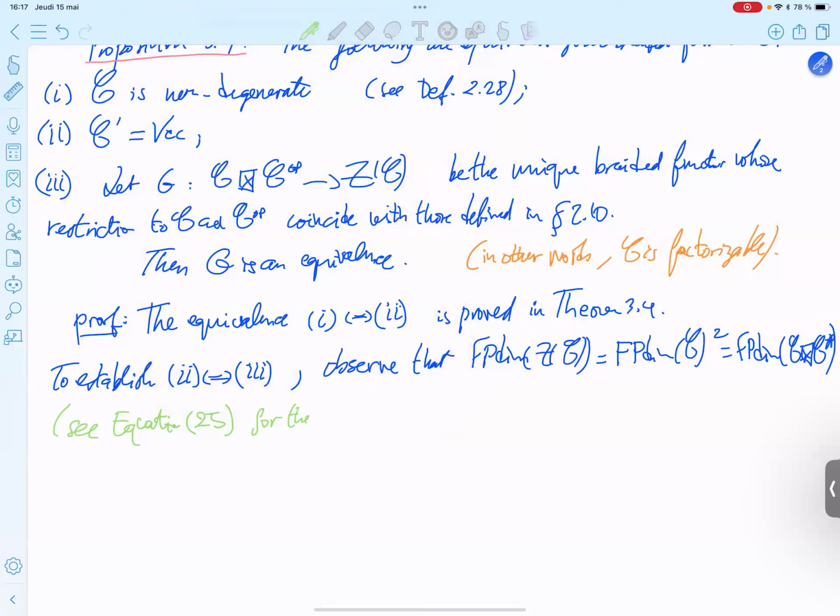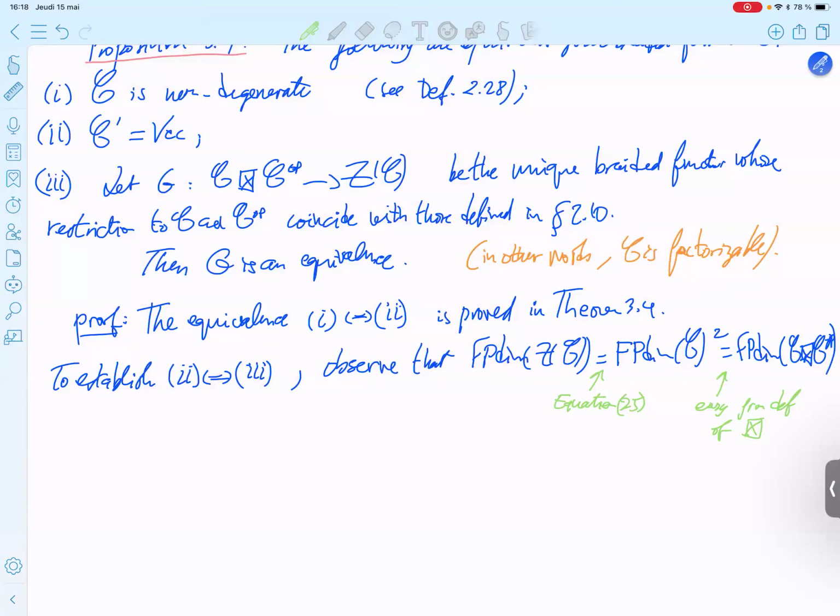Equation 25, and here easy from the definition of Deligne tensor product. Okay.